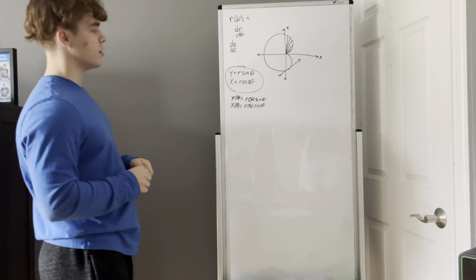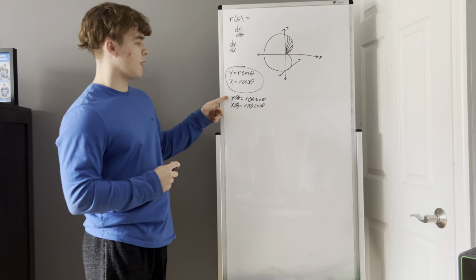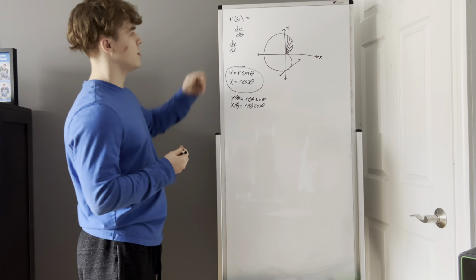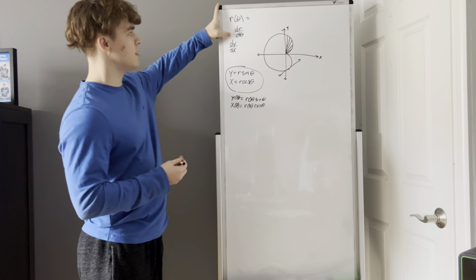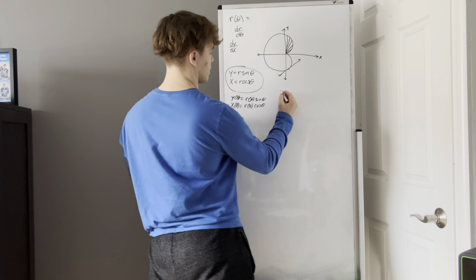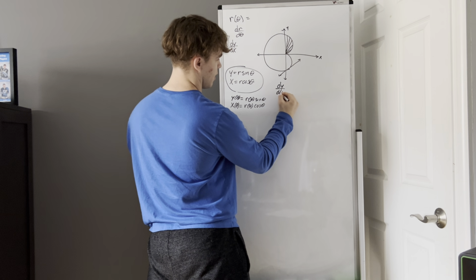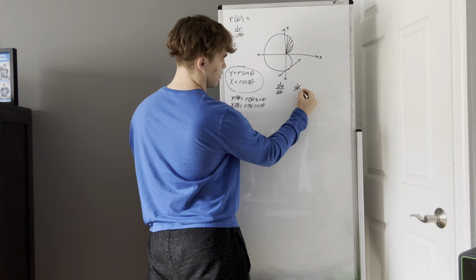So what you might notice now is that we can take dy d theta and dx d theta, and that helps us out because we can easily find dr d theta. So let's just remember we have dy over d theta and dx over d theta.